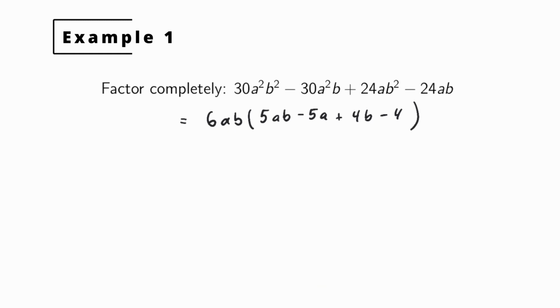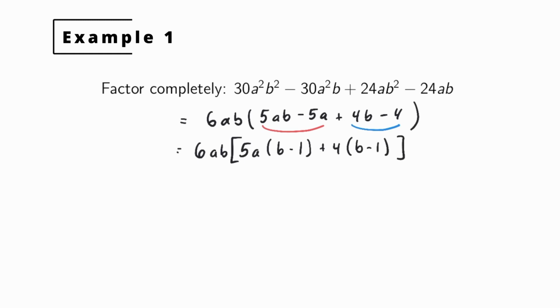If we pair off the terms as written, we'll factor out the GCF from each pair of terms. So we will have 6AB times, from the first pair of terms, our greatest common factor is 5A. We factor that out, and we will have left over B minus 1. From the second pair of terms, our greatest common factor is 4. We factor out the 4, and we will have left over B minus 1.